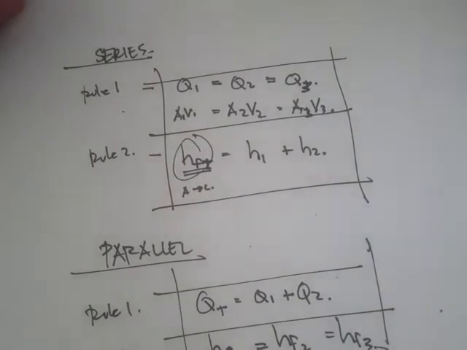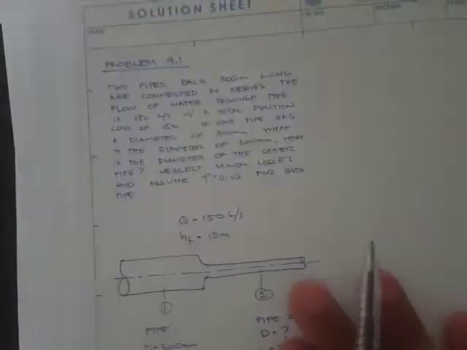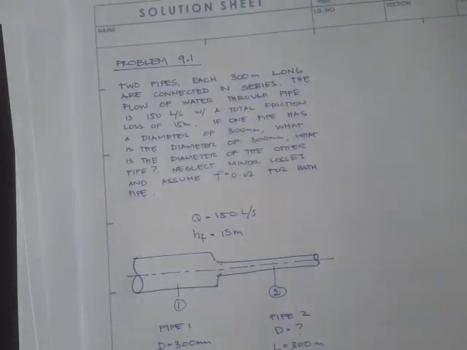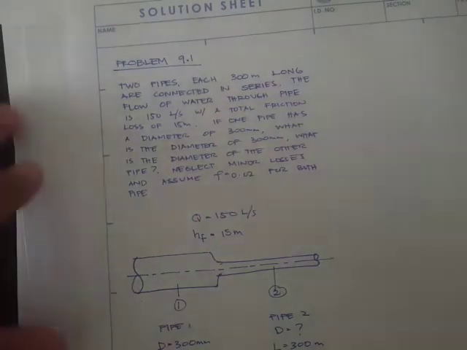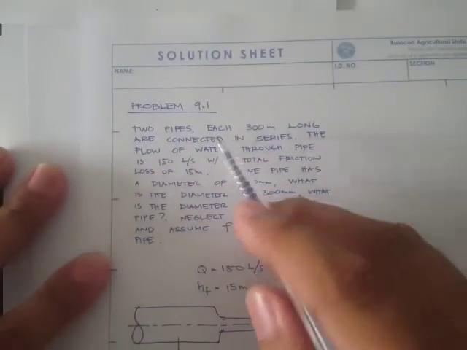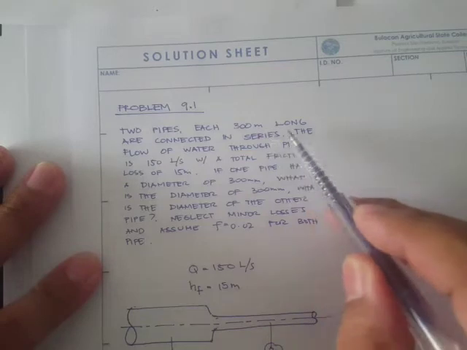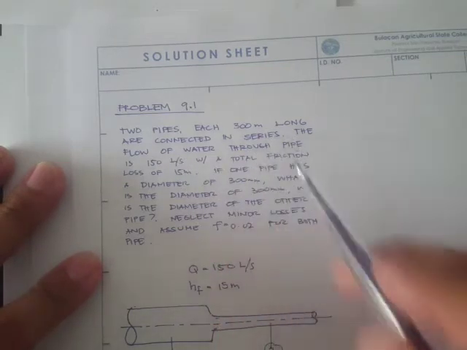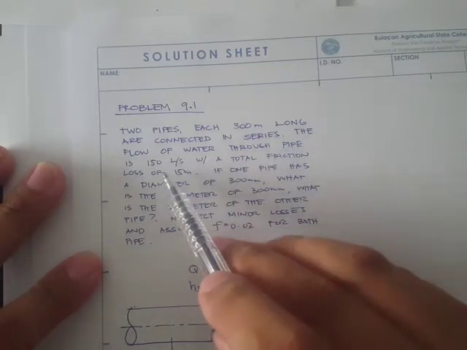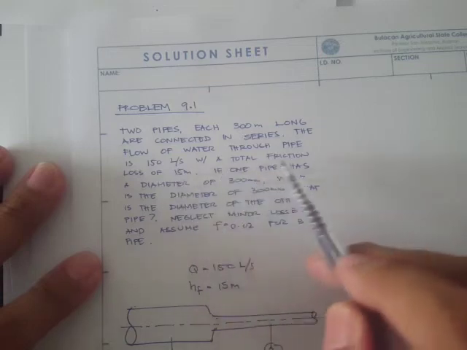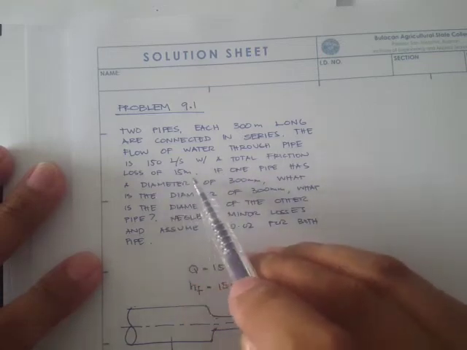Okay, so problem number 1. It says here two pipes, each 300 meters long, are connected in series. The flow of water through the pipe is 150 liters per second with a total friction loss of 15 meters.